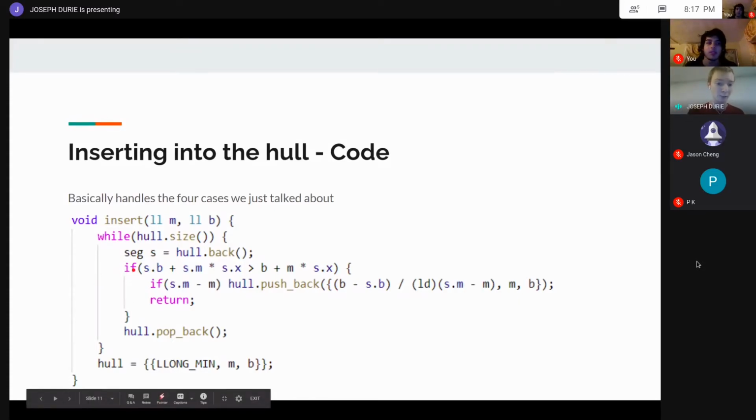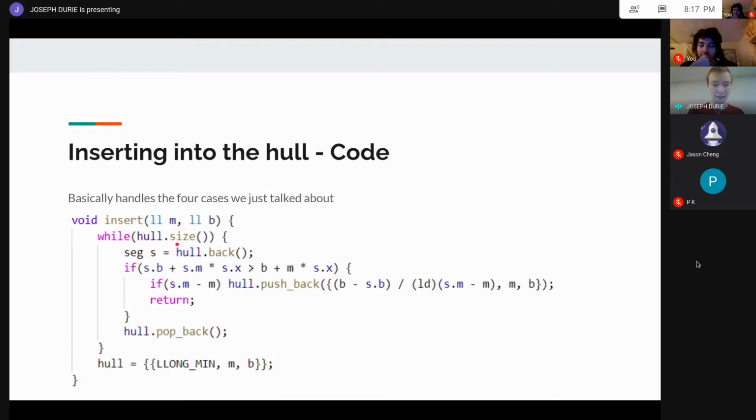The only time we will exit this loop, other than this return statement, is when the hull is empty, so when hull.size is 0. When that happens, this is going back to case 1 that we were talking about. We want to just insert the current line starting at negative infinity, which we use as LLONG_MIN here, because usually you're not going to go lower than 10 to the minus 18.